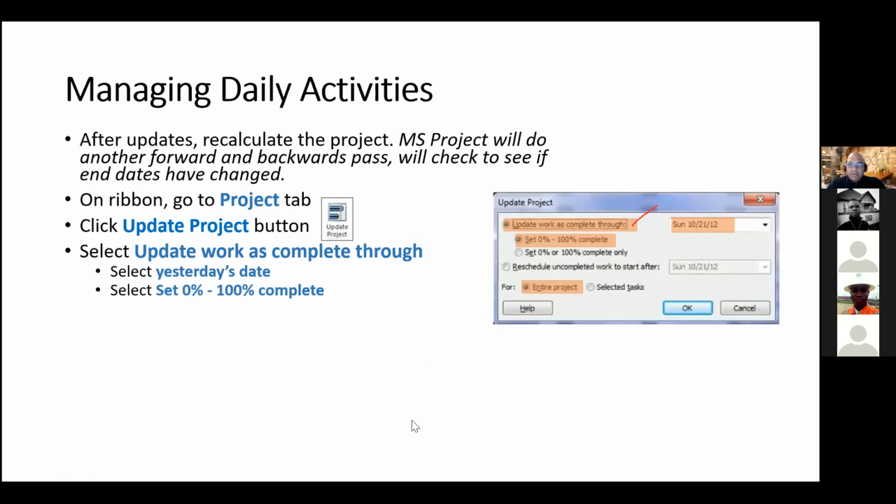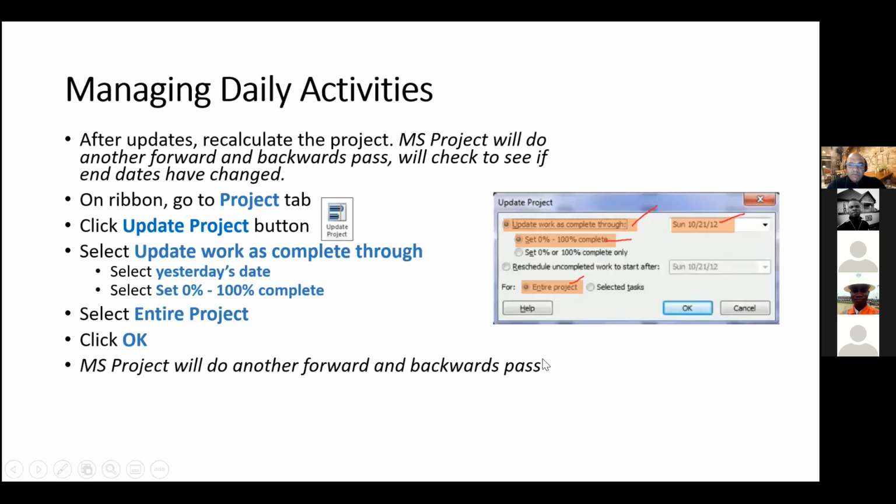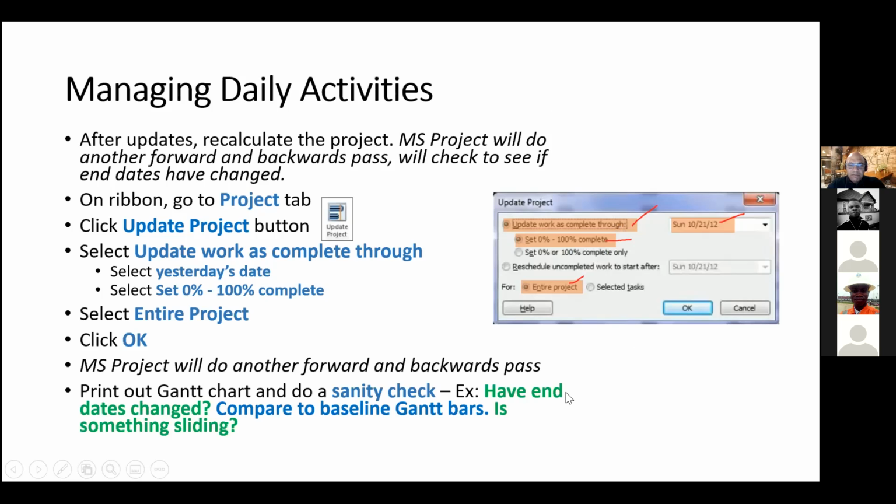That is, whatever today is, that's yesterday's date you have to put in. And set 0 to 100% complete for the entire project. And click OK. So what this means is Microsoft Project will do another forward and backward pass for you.